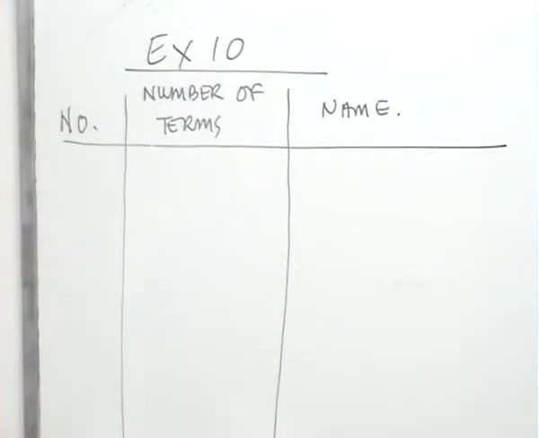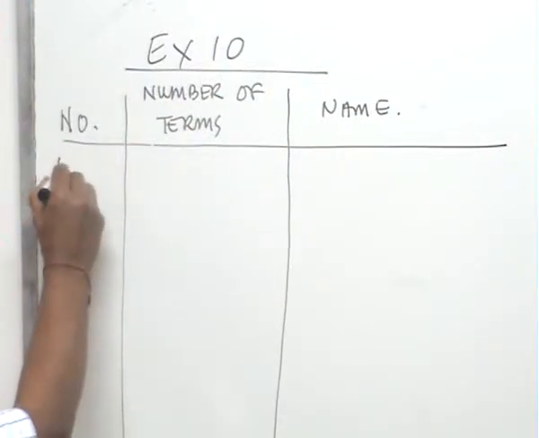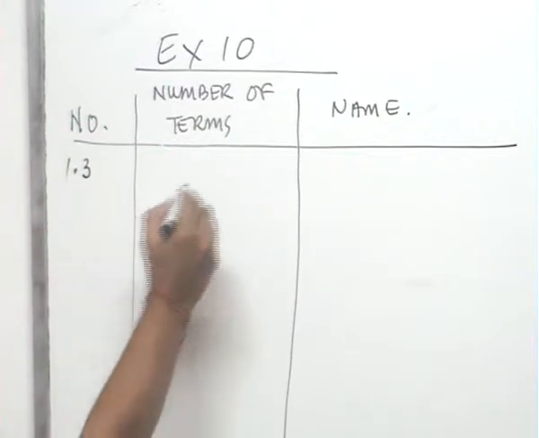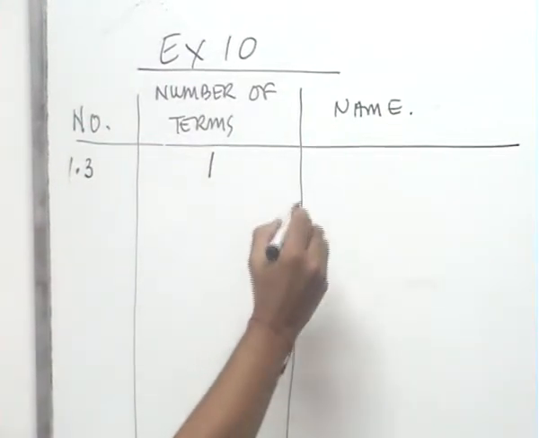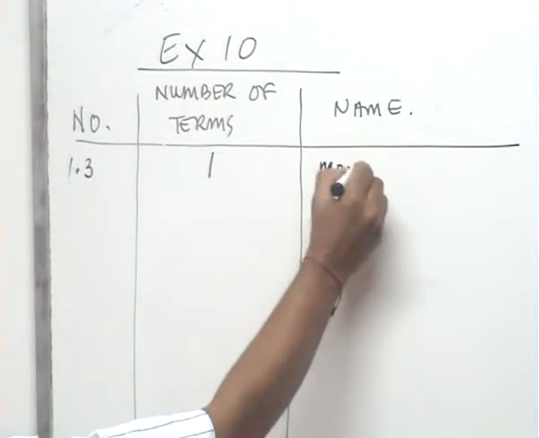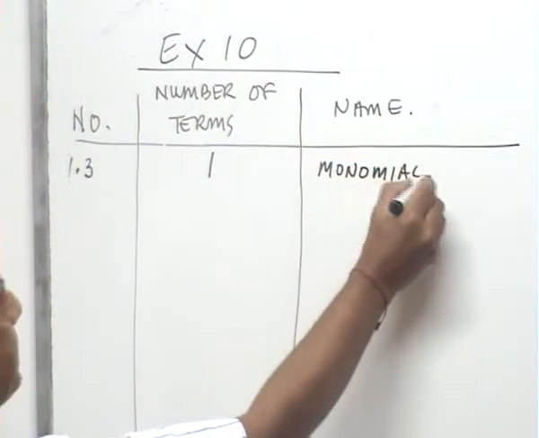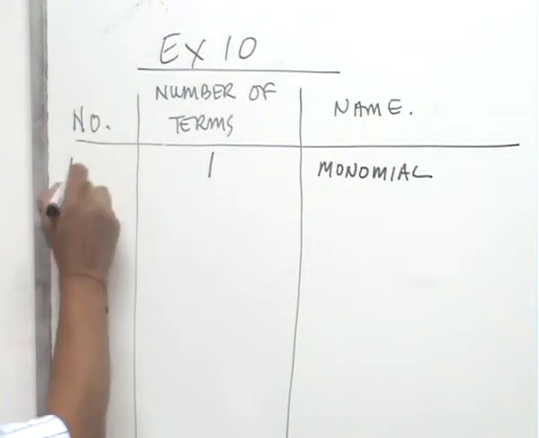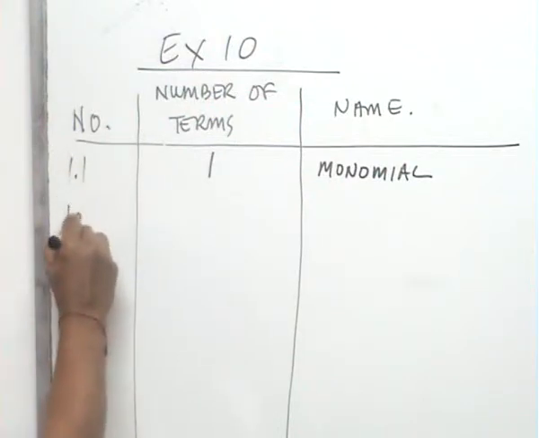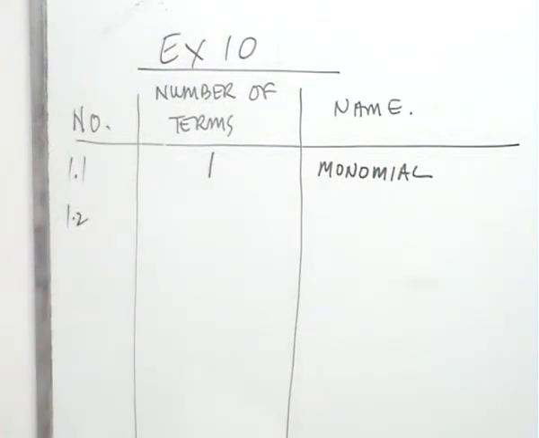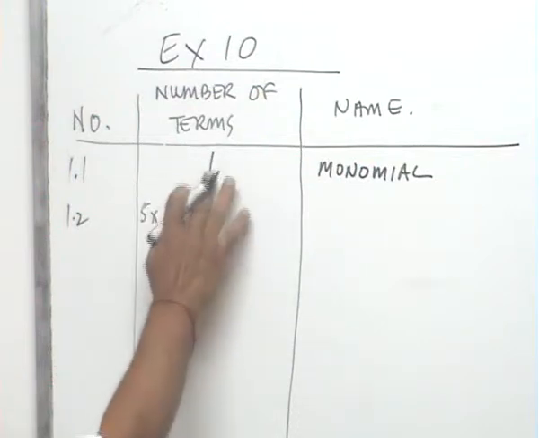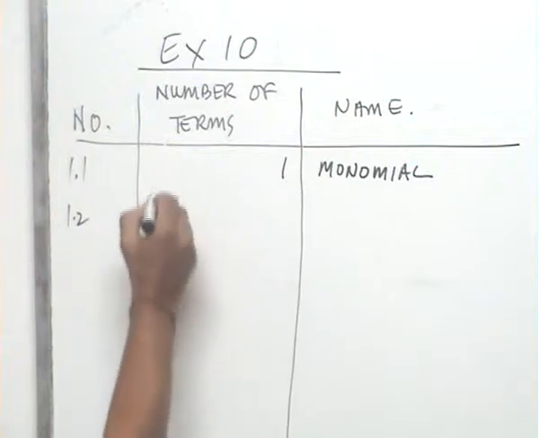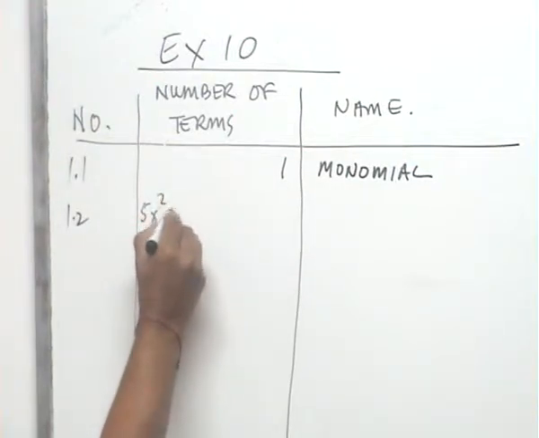So here are the answers to exercise 10. 1.1, there's only one term and the name is monomial. 1.2, the question was 5x squared minus x.